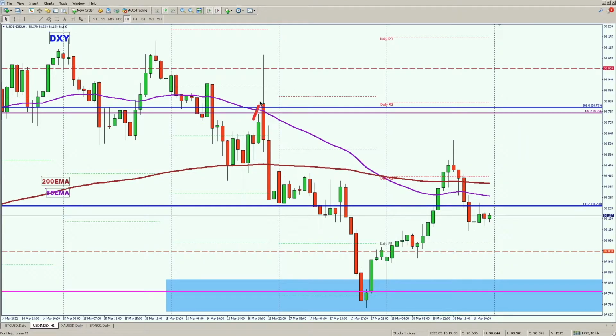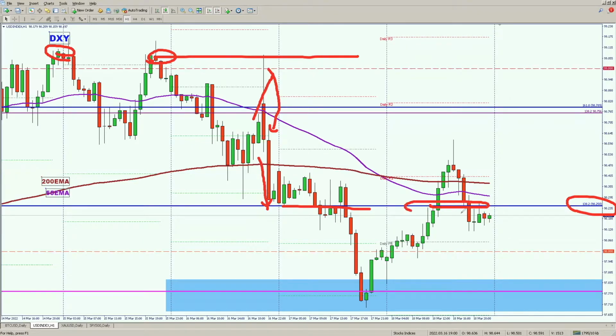Initially it did climb up higher as it was positive for the US dollar, but after hitting these resistance levels, it was promptly rejected and continued lower into the 138 fib extension here, and then continued lower the next day on Thursday before climbing back up slightly on Friday.